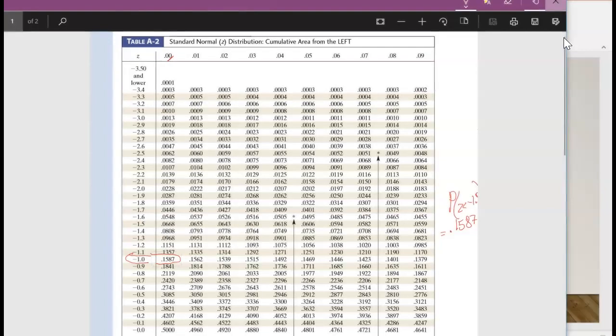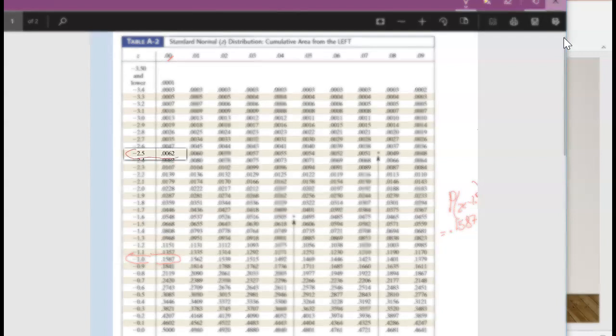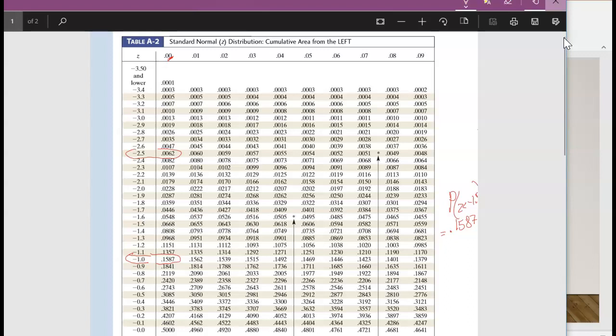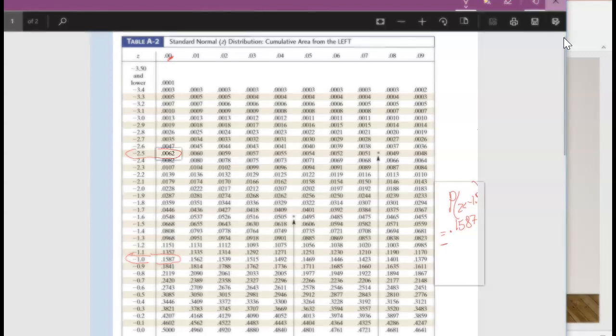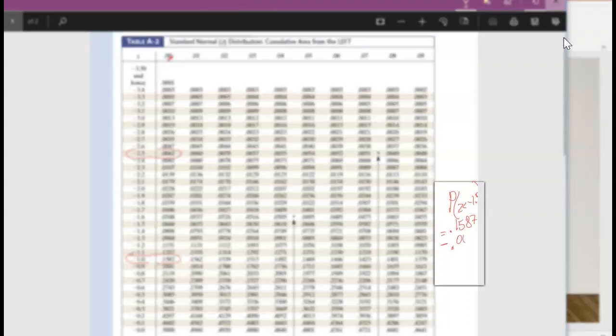And now let's find the probability for the z-score less than negative 2.5. Negative 2.5, the second digit is also 0, is equal to 0.0062. Now we'll need to subtract 0.1587 minus 0.0062, which is equal to 0.1525.